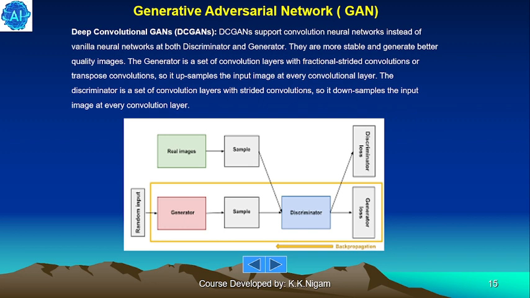So it upsamples the input image at every convolution layer. The discriminator is a set of convolution layers with strided convolutions. So it downsamples the input image at every convolution layer.